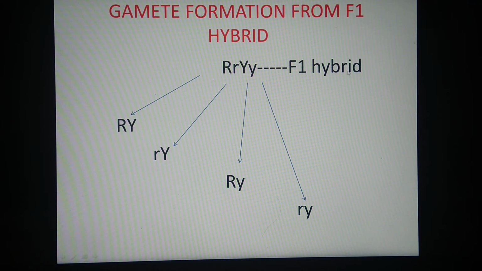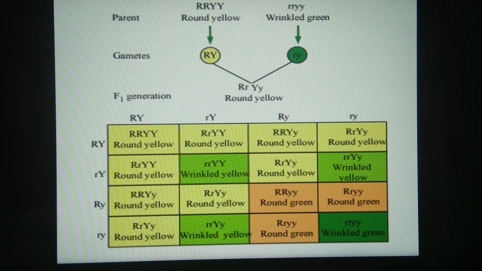So when these F1 individuals are selfed, when they are crossed with each other, what type of genotype and phenotype will we get? This is shown in the next chart. Now see, this is a dihybrid cross.